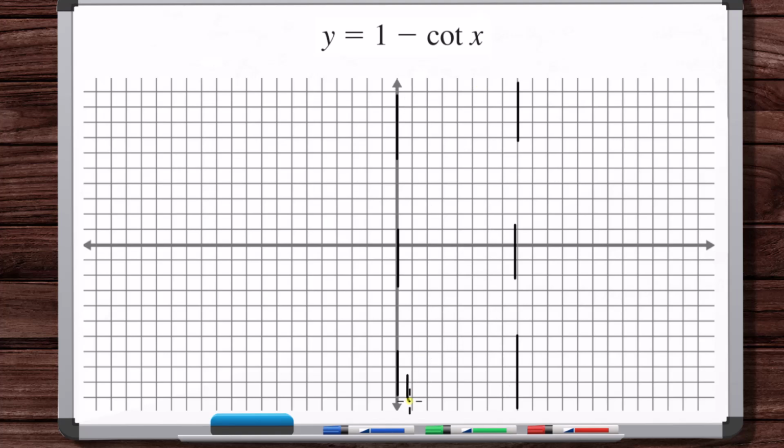It's going to be flipped, going up 1, something like that, and then copy that everywhere. With cotangent, we go from 0 to pi. So we'll do 1, 2, 3, 4. This will be pi.